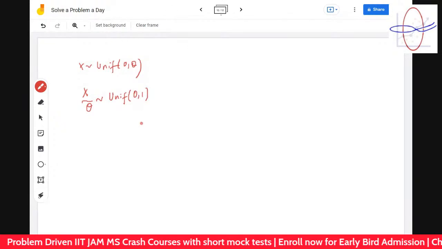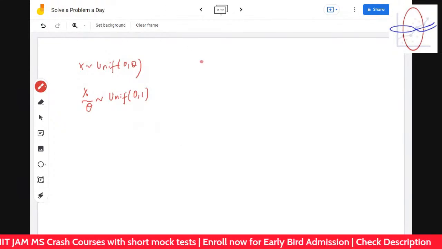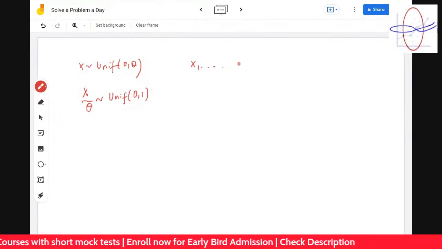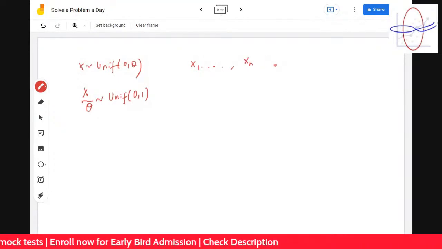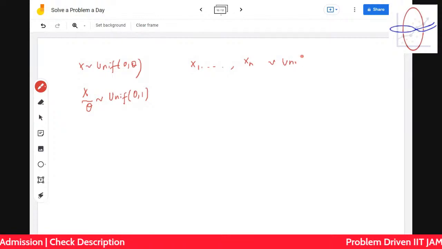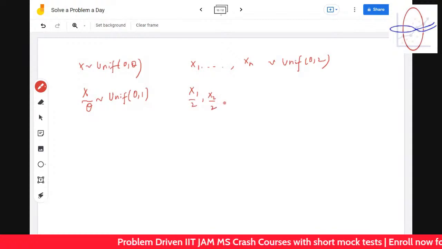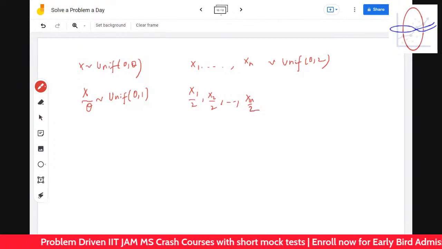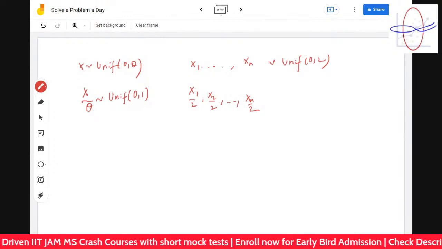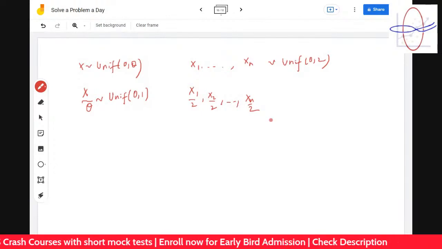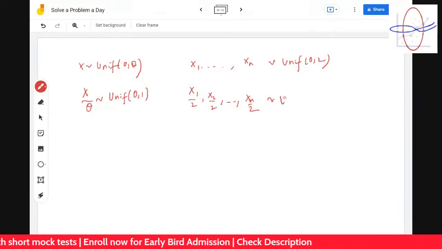Using this result, we can show that if X1, X2, ..., Xn follow uniform 0 comma 2, then X1 by 2, X2 by 2, ..., Xn by 2 will follow uniform 0 comma 1.